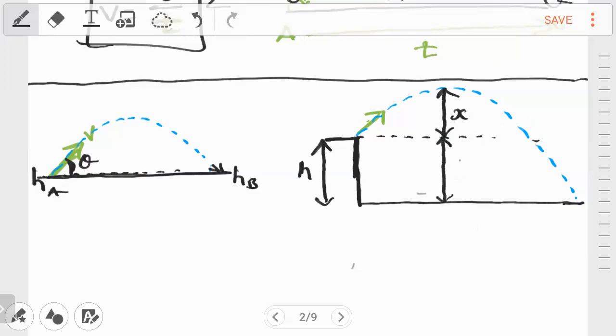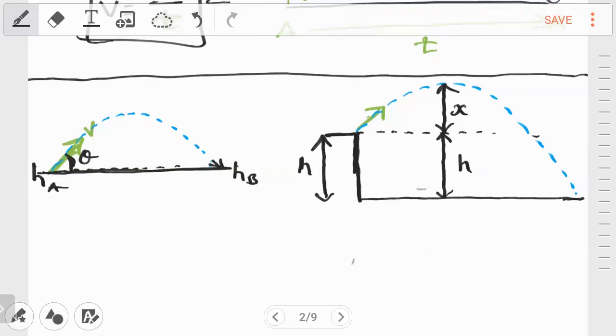Sometimes the question can ask, what's the maximum height measured from the level ground? Meaning they want you to get x plus h. But sometimes they'll say, what is the maximum height with respect to where the projectile was thrown from? Meaning they just want you to get x. So pay attention to the type of language that the question is using there. Okay, so this is one case.